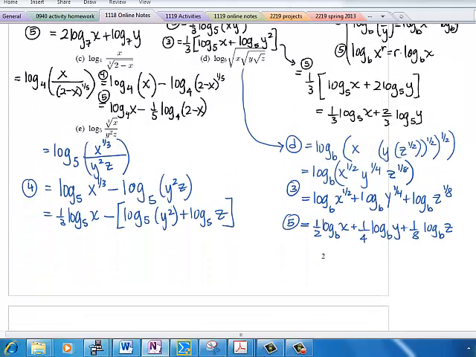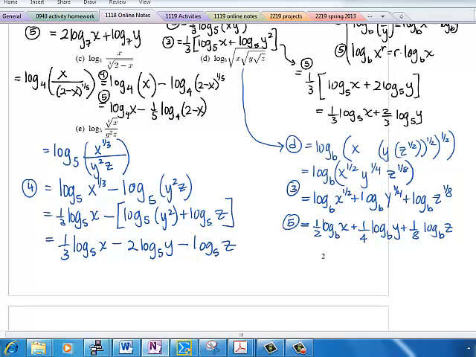So we can split this logarithm of a product up into the sum of the logarithms of the factors, but we were supposed to subtract that whole logarithm, so we need to subtract both terms of this sum. So we'll have 1/3 times the log base 5 of x minus, we can move this 2 down, 2 times the log base 5 of y, and then minus from distributing here the log base 5 of z.